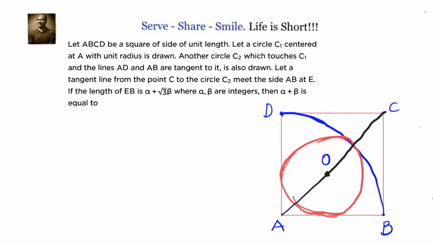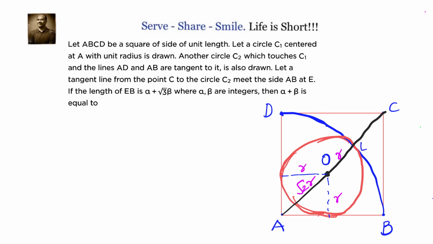Now let's first try to understand what will be the radius of the smaller circle. We know that the big circle radius is 1. Since we know that the tangents are there, we know there are perpendiculars and we have a square, and the diagonal of the square is root 2 into r if the radius of C2 is taken as r.